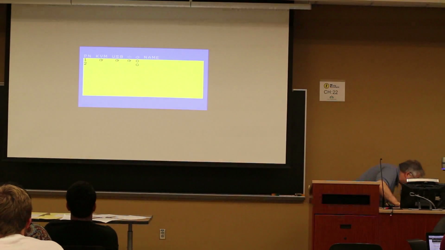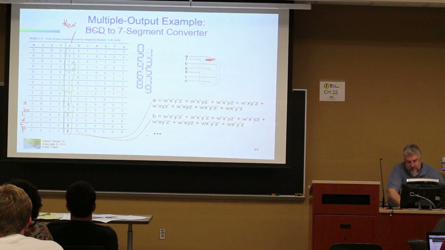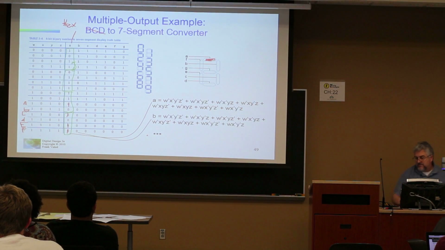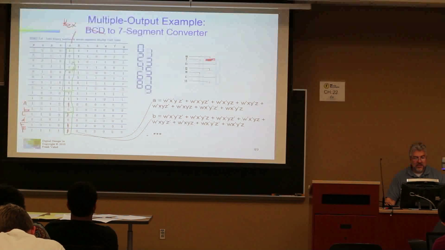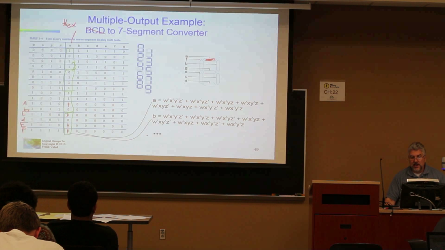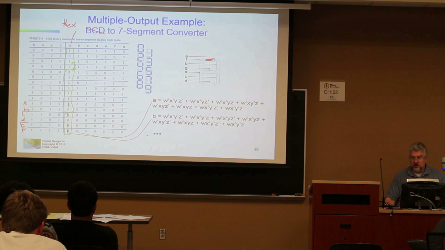So if you look at the table that we have here, and we're doing this again for the hex to 7-segment converter, do you agree that the characters A, B, C, D, E, and F will light up this little element A right there, just this little segment, by putting a 1 here? Do you agree with that?